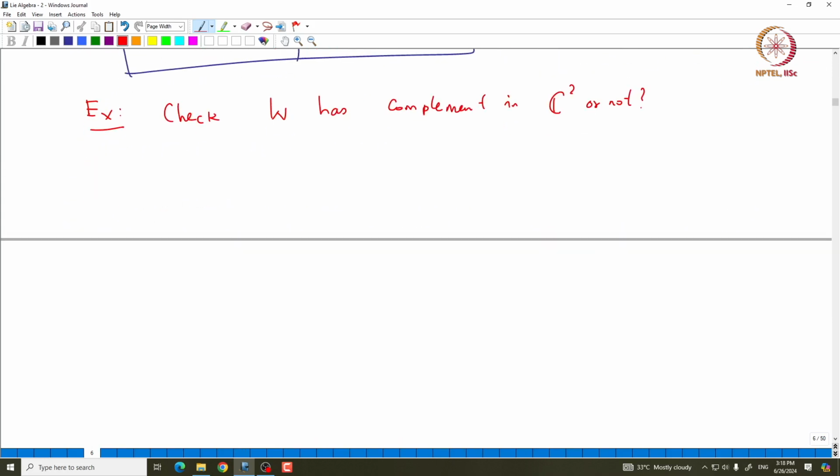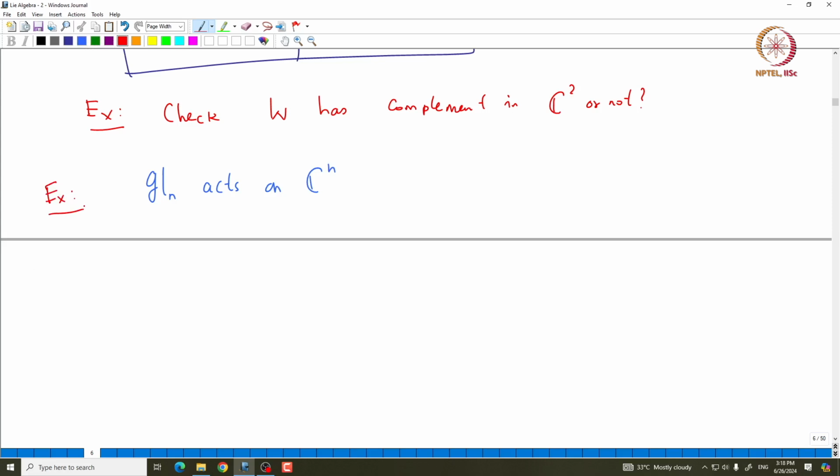So, now let us see some other examples of representations. So, if we take any one dimensional representation, that will be irreducible. Okay. So, if we take Cn, which can be regarded as a representation of GLn, okay, GLn acts on Cn. Okay. So, maybe I can leave it as an exercise.